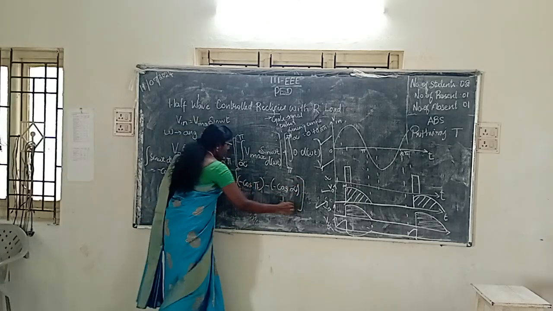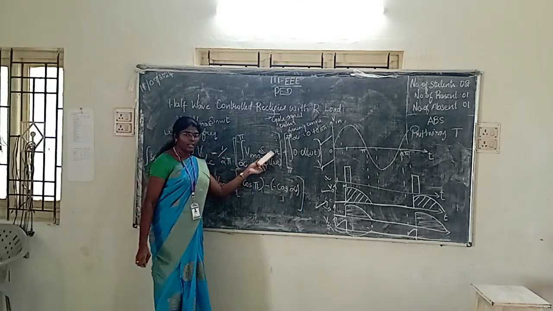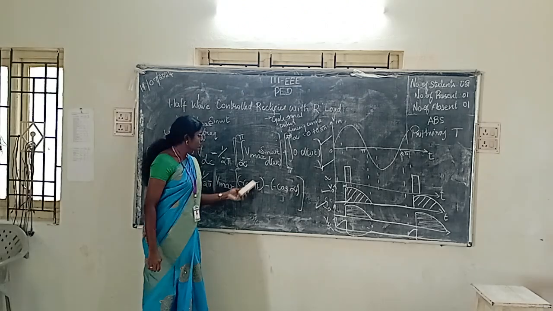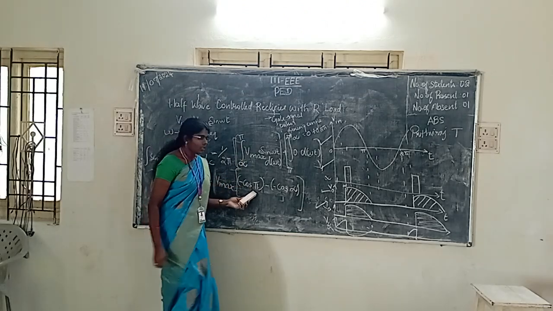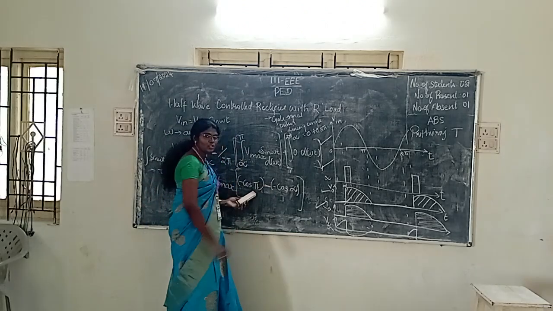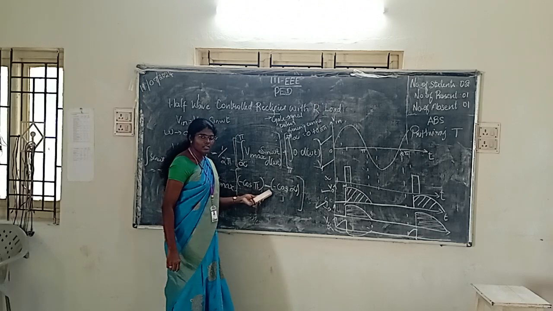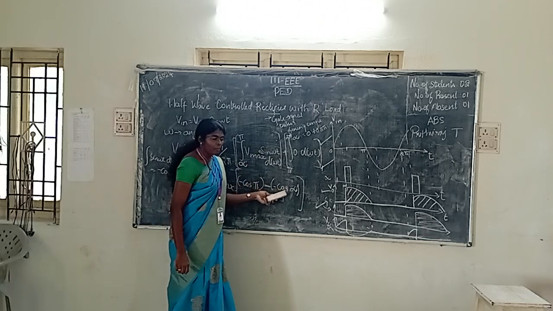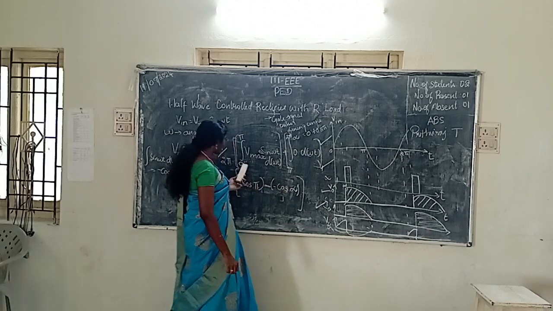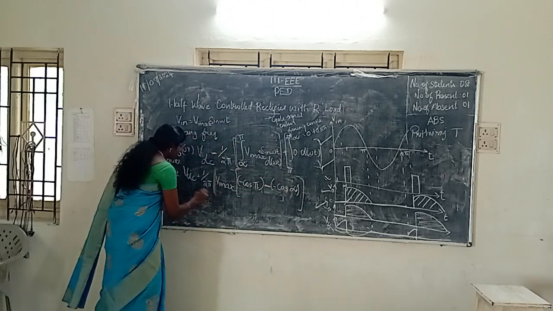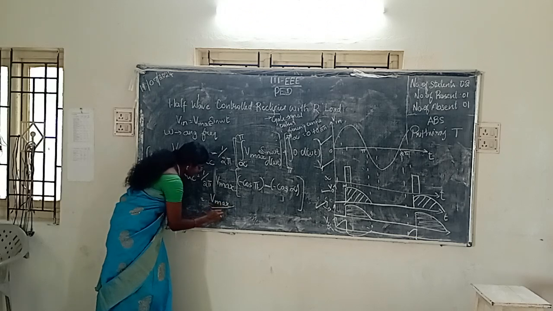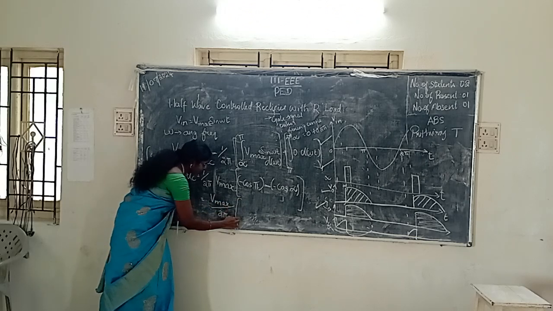Now, while integrating sin omega t, it will become minus cos omega t. Minus cos, upper limit is pi, minus lower limit, minus cos alpha. So we can write it as V max by 2 pi into, what is the value?